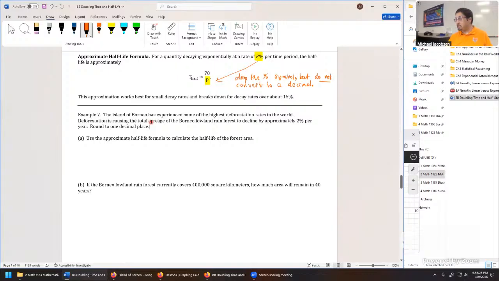And this problem will round to 1 decimal place, and we have a decay rate of that percentage. What we want is the approximate half-life formula so we can address follow-up questions, like say this one that has an initial value put into it.